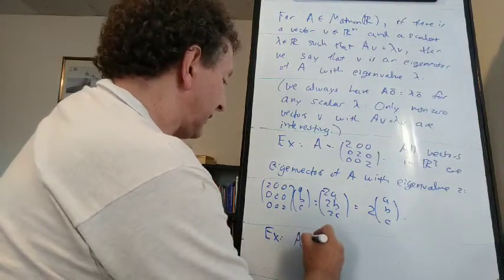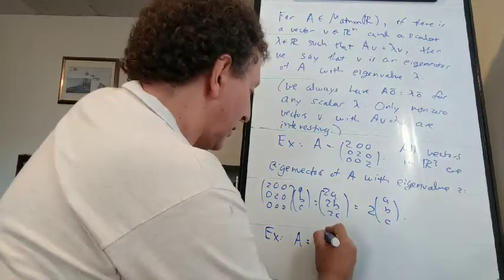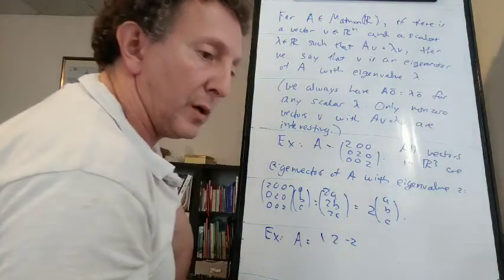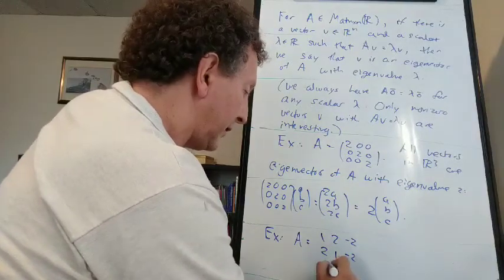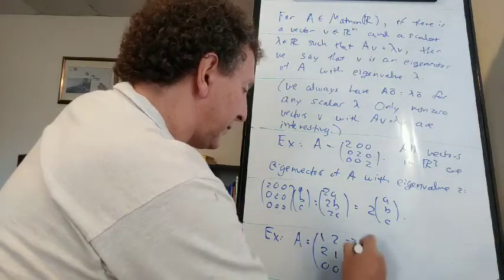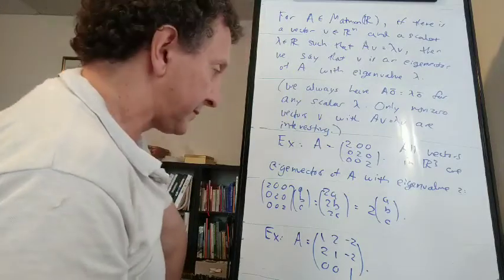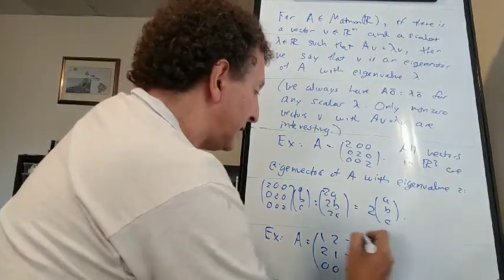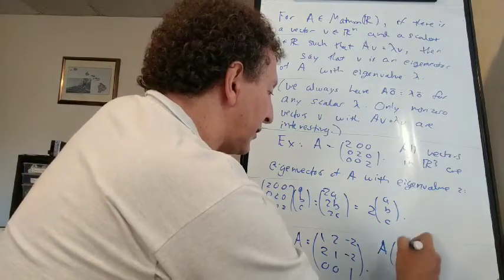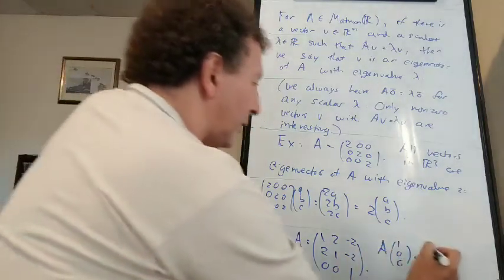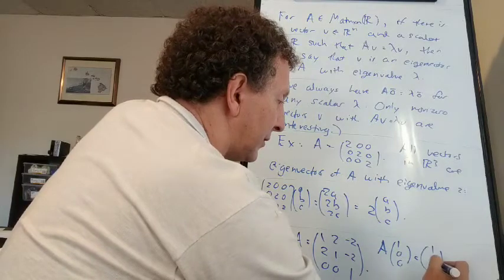Another example is, let's let A be the matrix 1, 2, negative 2, 2, 1, negative 2, 0, 0, 1. Now A times 1, 0, 0 is 1, 2, 0.